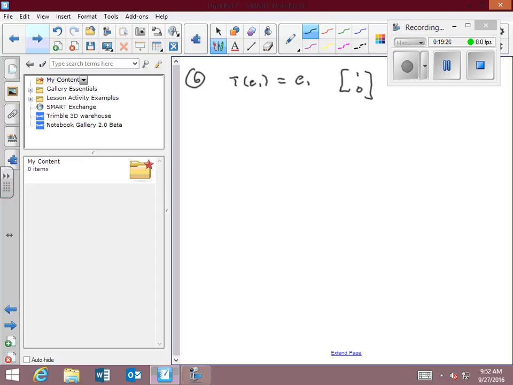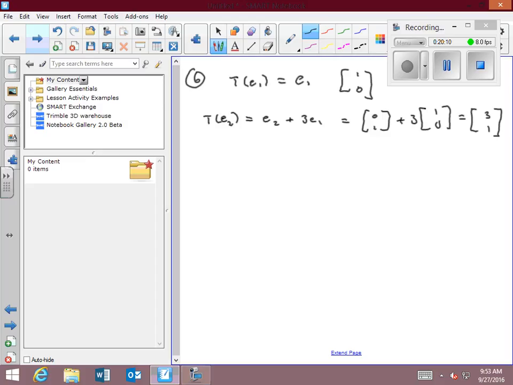And then the transformation of E2 is going to be E2 plus 3E1. So they're doing this: E2 is 0, 1 plus 3E1, which is 3 times 1, 0. So this is 3, 1. So that's what that transformation is doing.